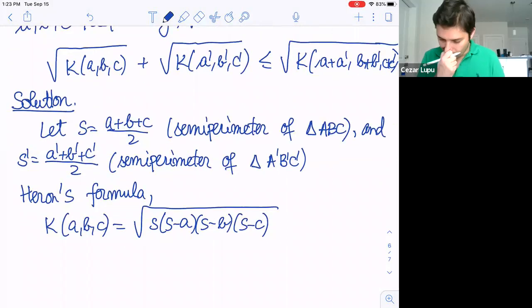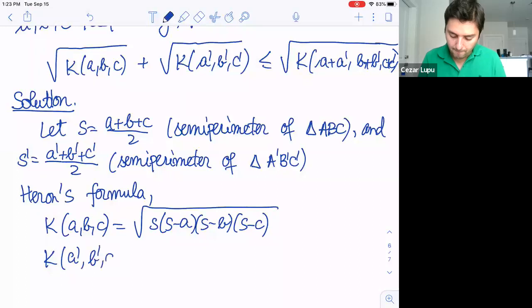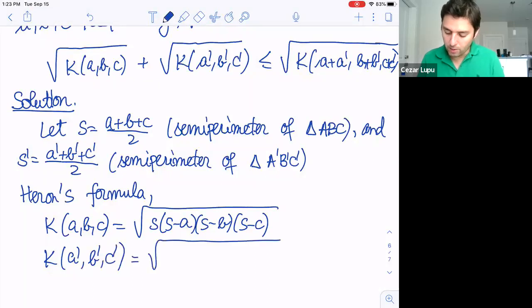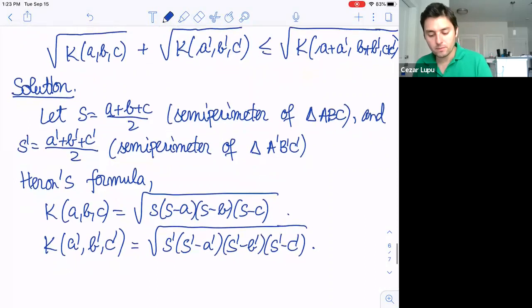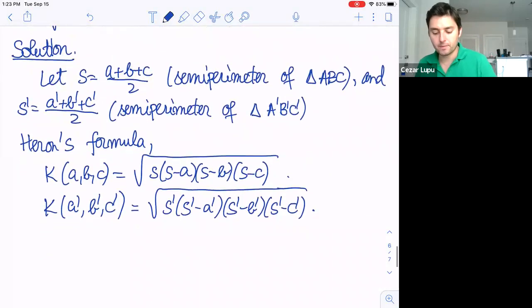And for K of A prime, B prime, C prime, this will be the square root of S prime times S prime minus A prime, S prime minus B prime, and S prime minus C prime. Great.